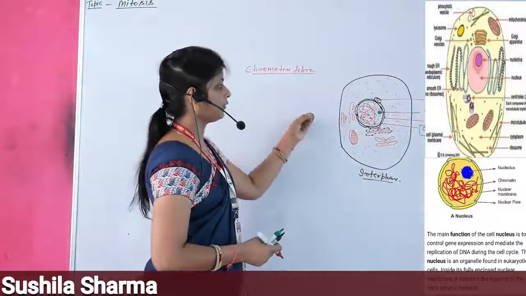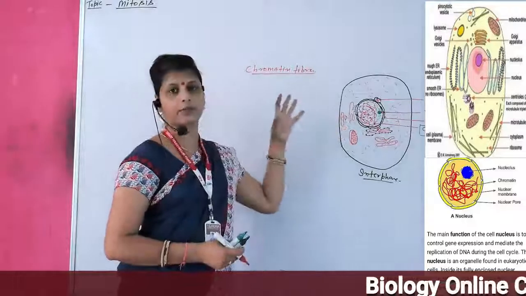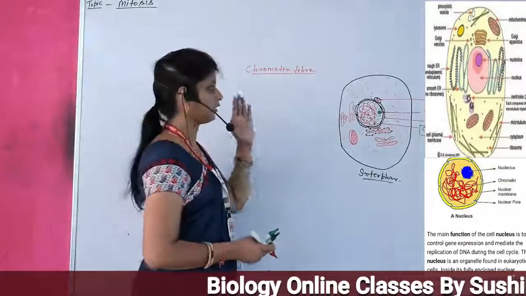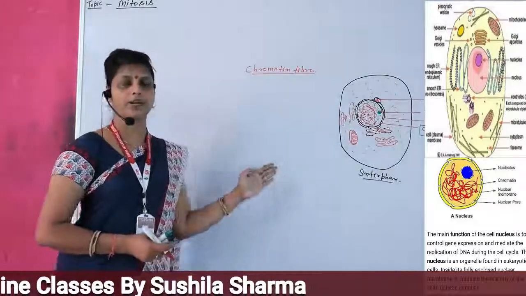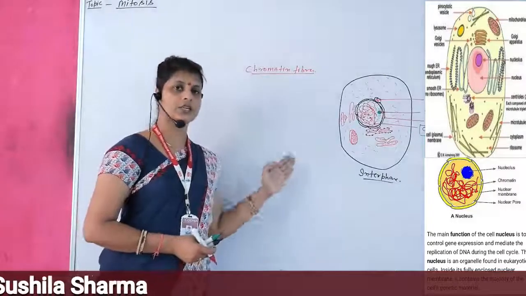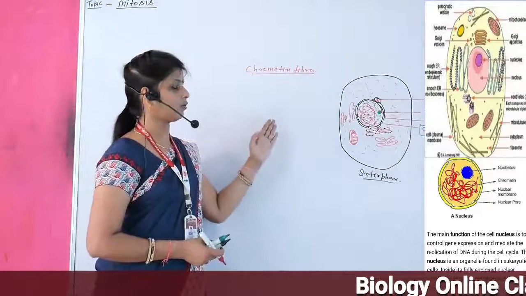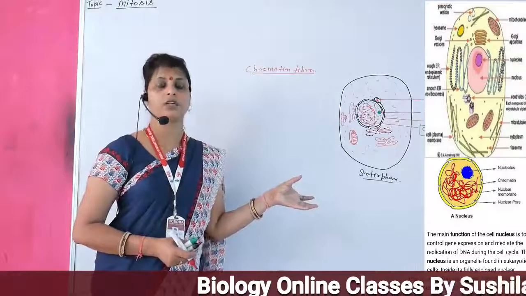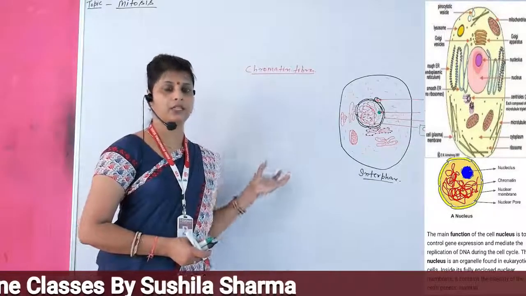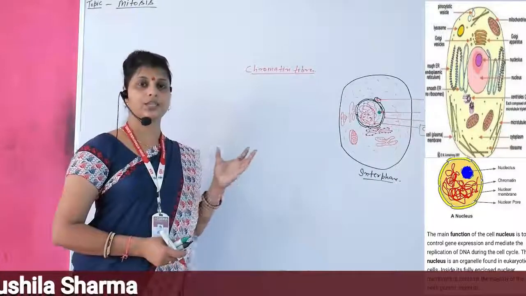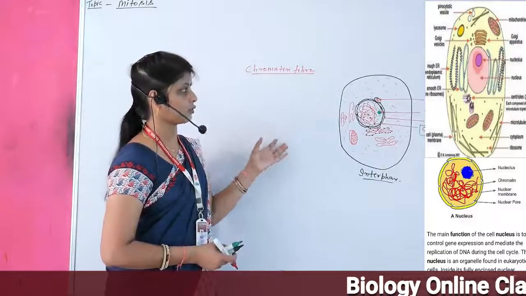So we need to know the complete structure related to chromatin fiber or chromosomes. That's why firstly we need to study the structure of chromosome and the structure of chromatin fiber, because in the process of mitosis division we are going to discuss the complete movement of chromosomes, how chromosomes are formed, how chromosomes move from one region to another, which type of structure of chromosome is present in the nucleus.